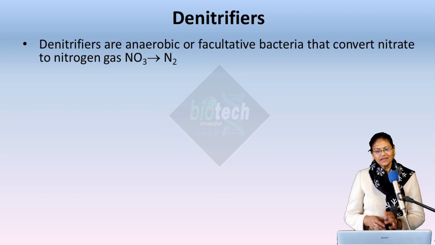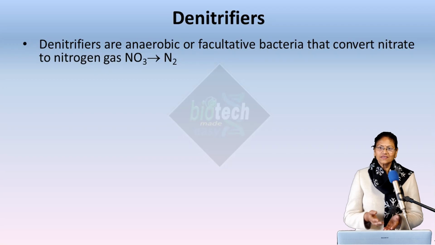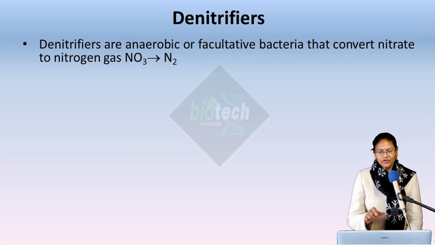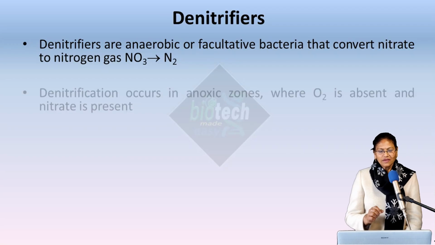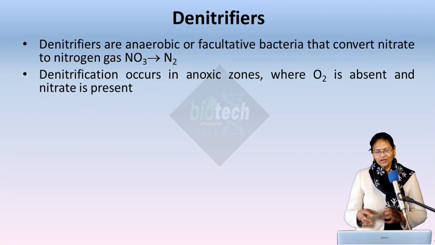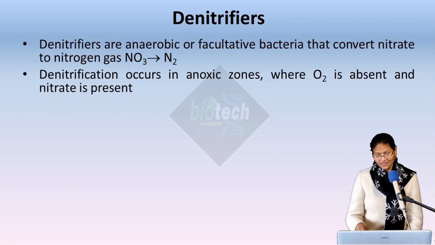So ultimately, nitrate is converted into nitrogen gas, and the denitrification process is just the reverse of nitrification. In between, there are many steps by which at the end nitrate is converted into nitrogen. Denitrification occurs in anoxic zones. That means oxygen is absent and nitrate is present.